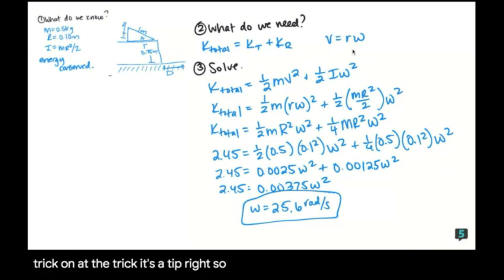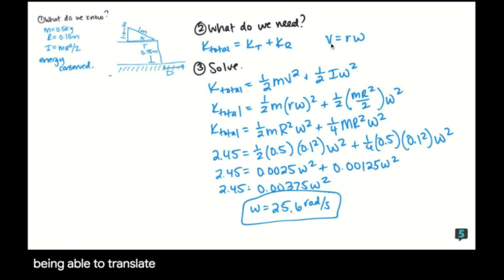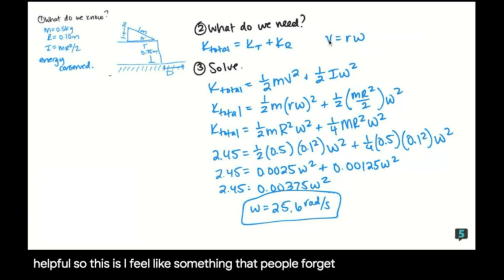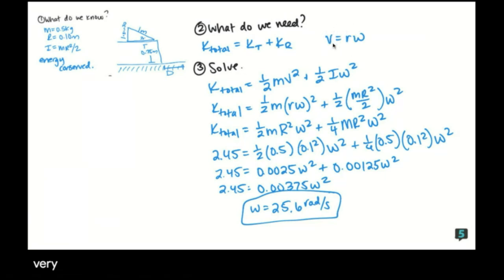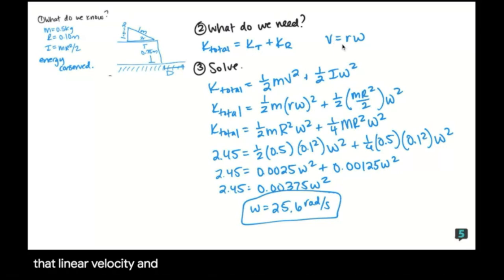So frequently when you're looking at these rotation problems, especially when we're talking about rotational kinetic energy, being able to translate between the linear velocity and the angular velocity is going to be really, really helpful. So this is, I feel like, something that people forget all the time. This very simple relationship is one that people forget exists. So using this to get rid of that linear velocity and look at everything in terms of angular velocity.